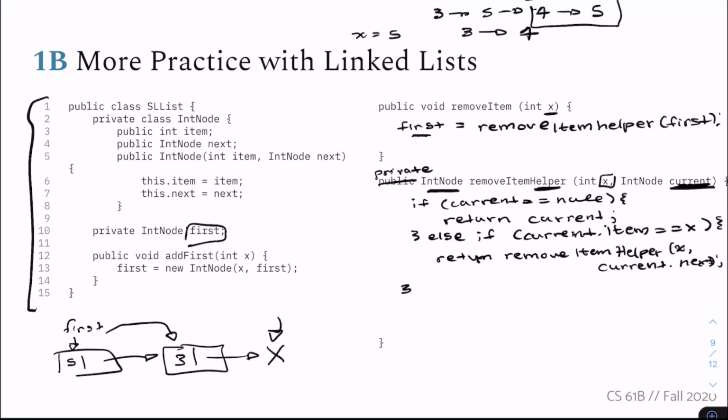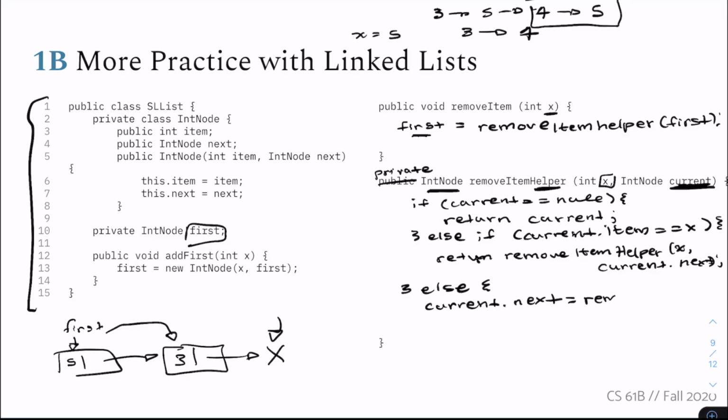And then the last case is else, which is also if current item isn't equal to x. And in this case, we want to keep ourselves in the list. So instead of just returning whatever comes out of calling it on the rest of the list, we're going to set that equal to our next pointer.